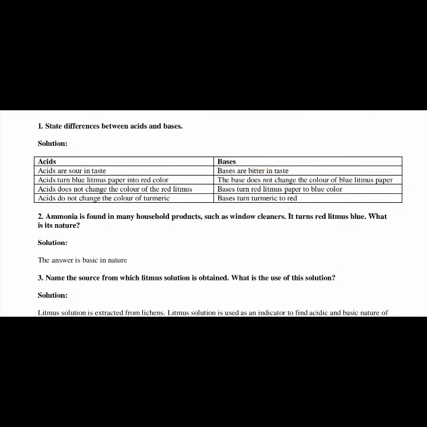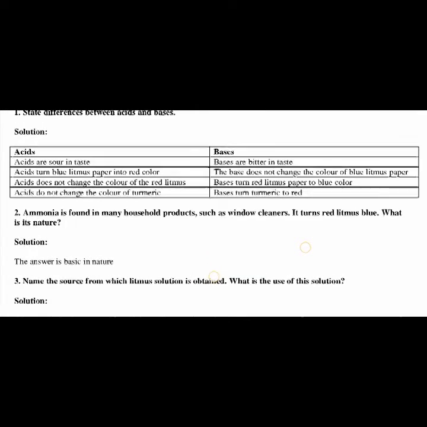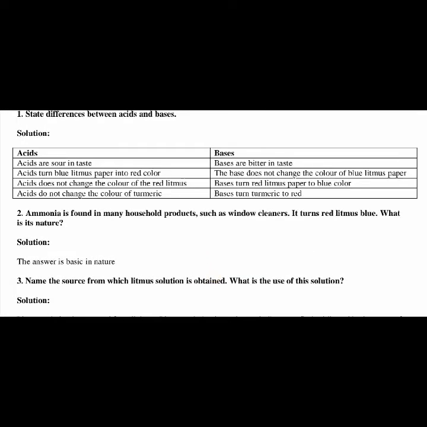Okay, so we shall look into the first question, that is, state the difference between acids and bases. As I explained in this chapter, acids are sour in taste, whereas bases are bitter in taste.